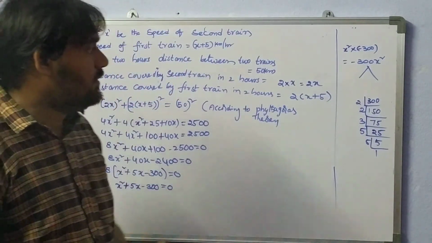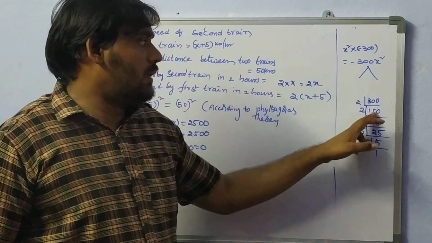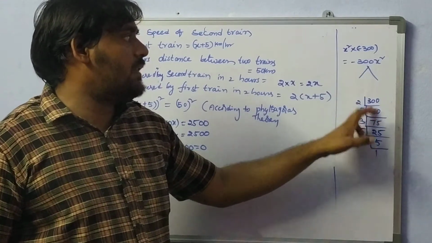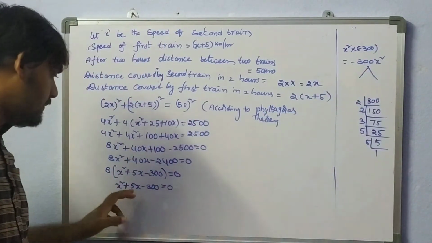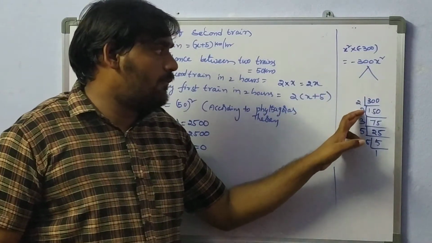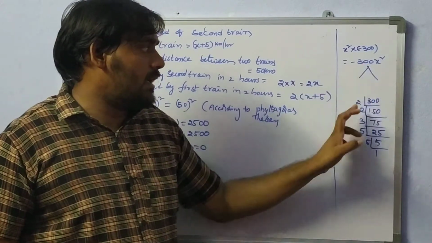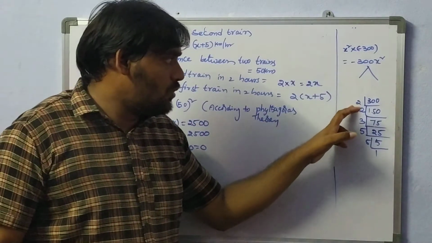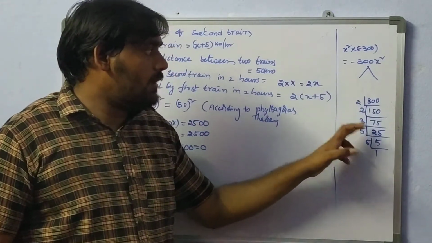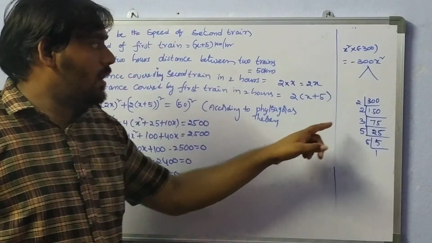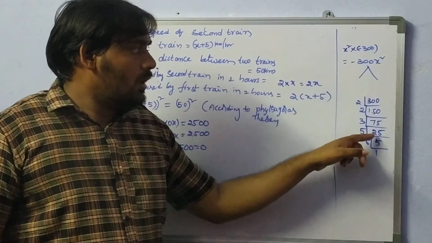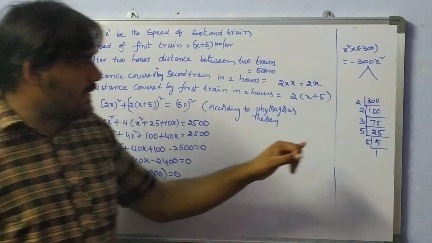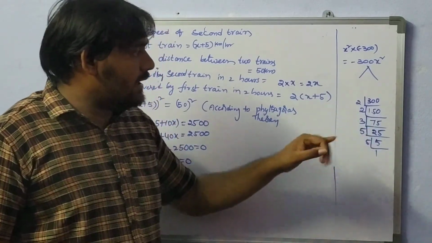Now 2 into 150, 300, so minus 2 into plus 150 gives minus 300, but the sum is not equal to plus 5, so we should not take it. 2 2s are 4, 4 into 75 is 300, minus 4 into 75 gives minus 300, but if you add we won't get plus 5. Next 2 2s are 4, 4 3s are 12, 12 into 25 is 300, minus 12 into plus 25 gives minus 300, but if you add we won't get plus 5. Like that we need to do.